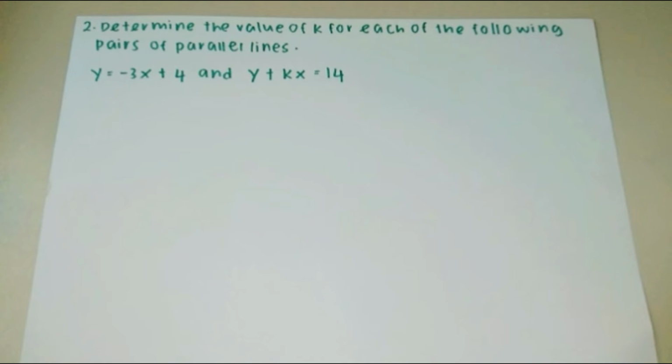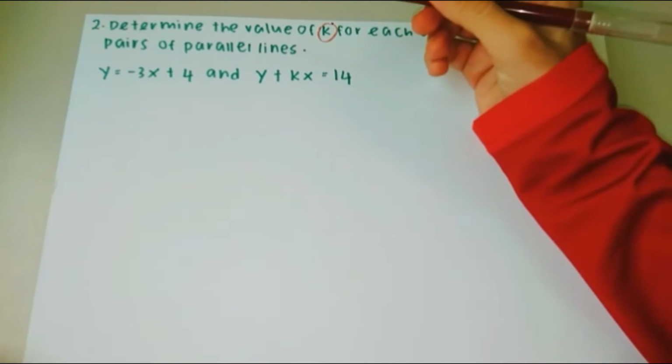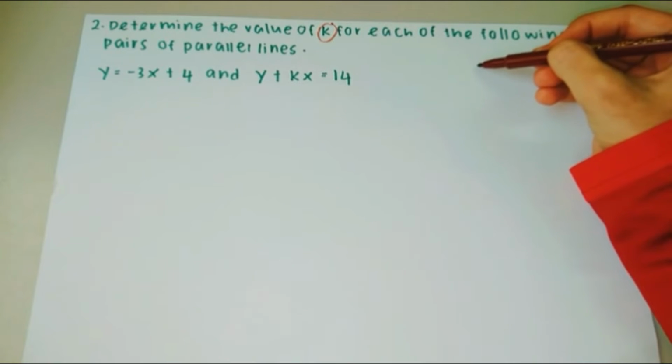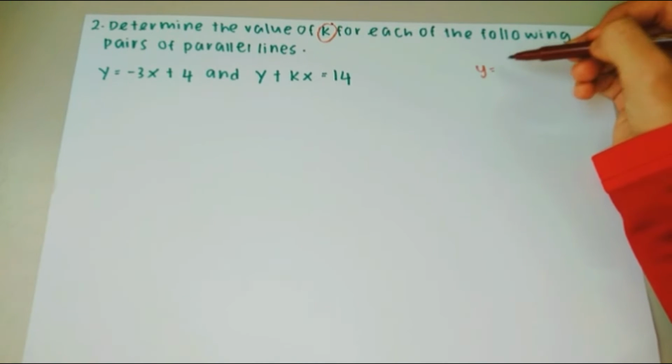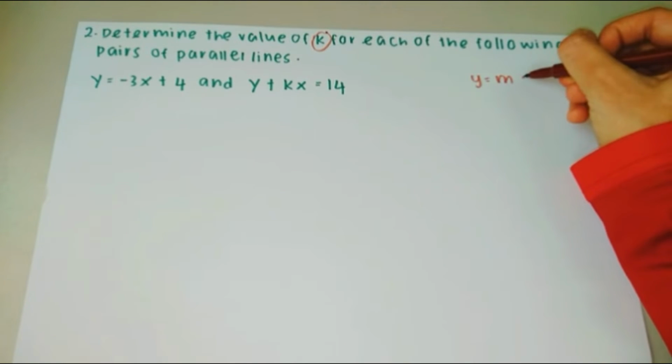Next questions. Determine the value of k for each of the following pairs of parallel lines. So, we have to find the value of k. We still have to use the same formula, y equal to mx plus c.